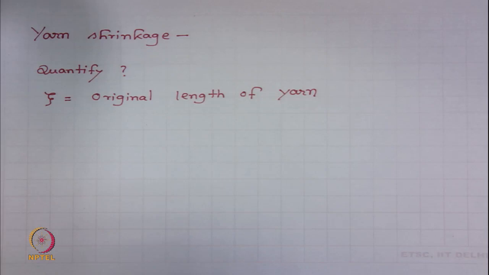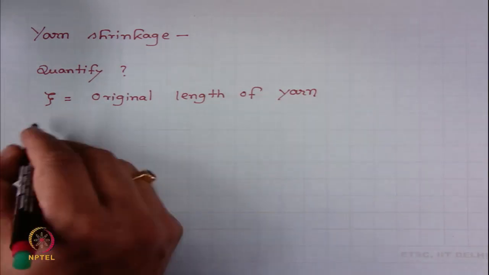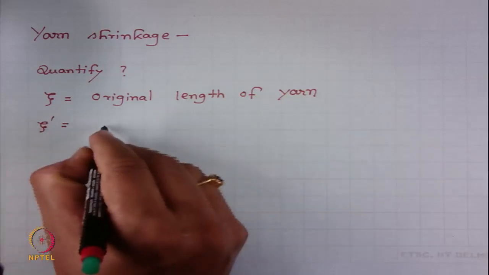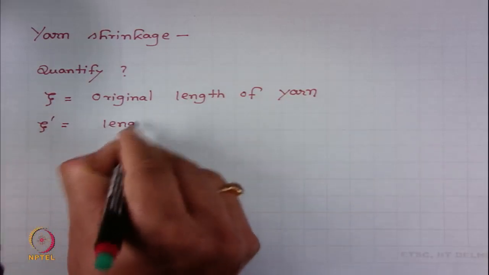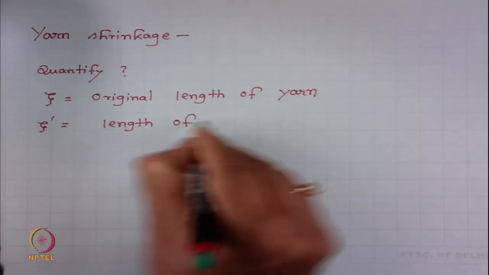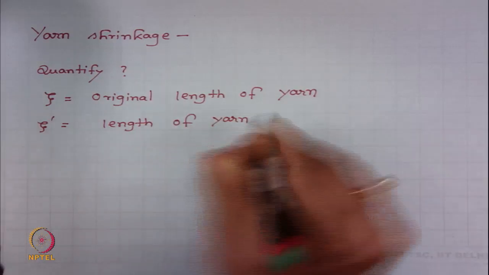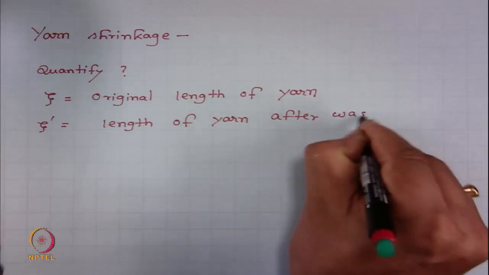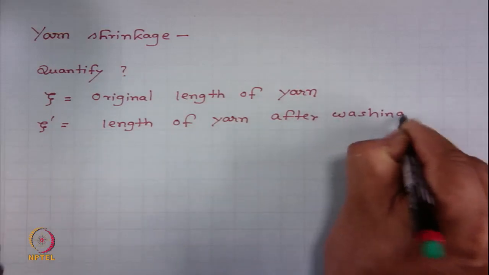If we wash this yarn in hot soap solution, then its length will shrink. Suppose zeta prime is the length of yarn after washing and of course drying.